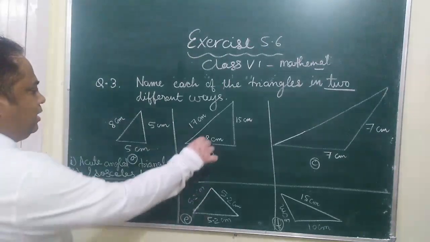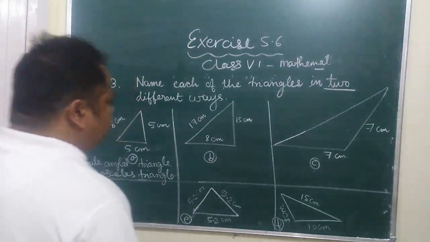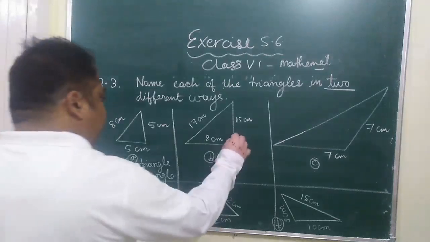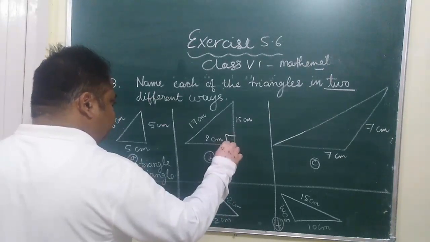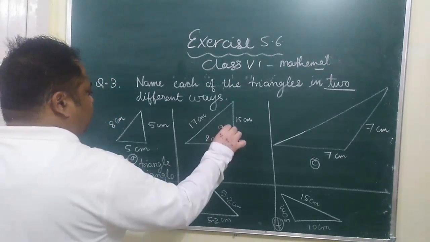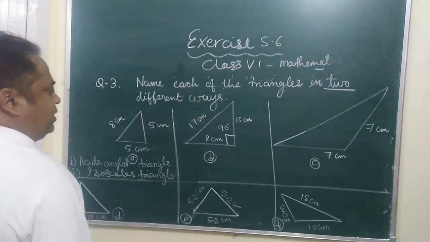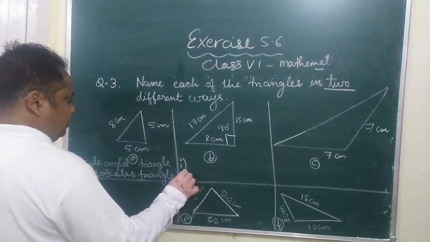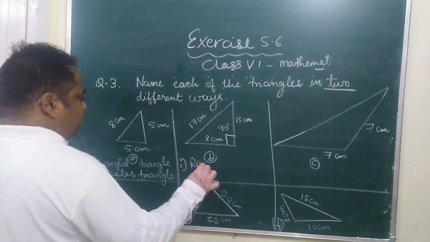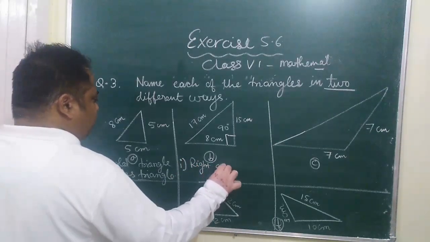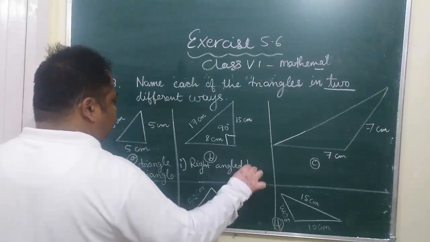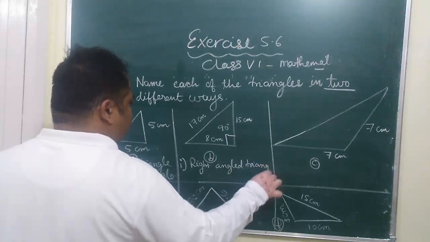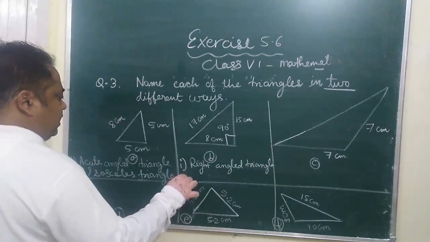Similarly, in this triangle we will see that there is one right angle and none of the sides are same. So it is first right angle triangle, and also it is scalene triangle.